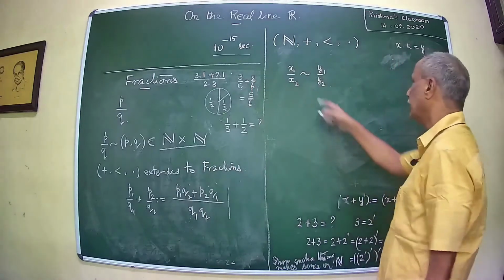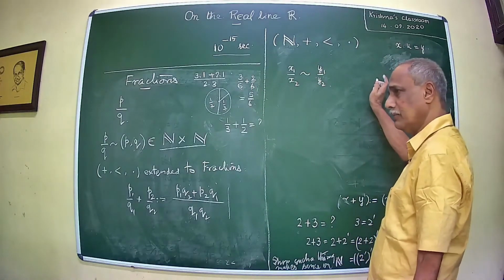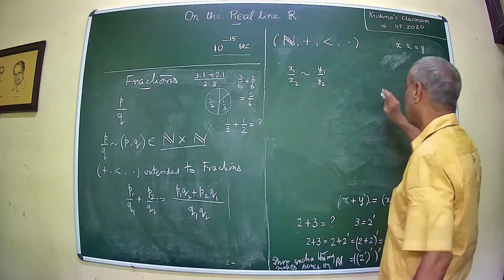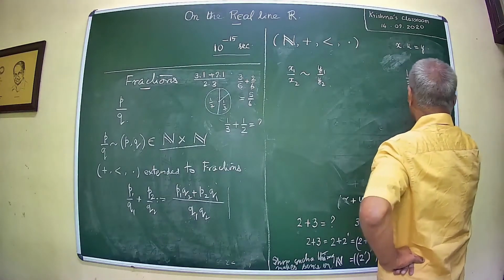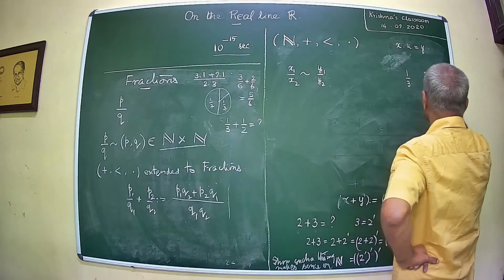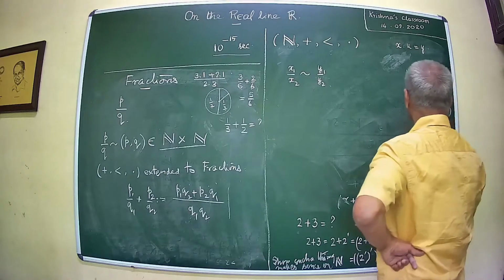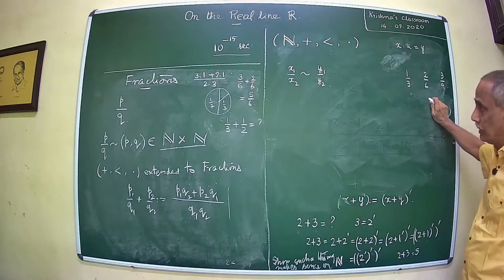Of course, obviously when x1 equals y1 and x2 equals y2, you write it that way. But even in other cases, you write it so. Already you have 1 by 3, 2 by 6, then 3 by 9, etc. They are all the same fraction from your experience. So you have to reflect that here.